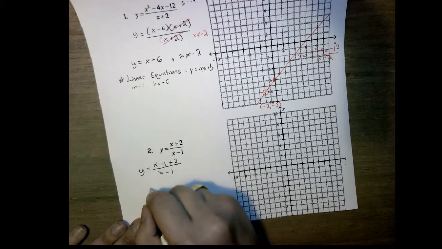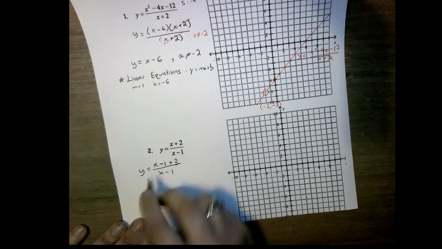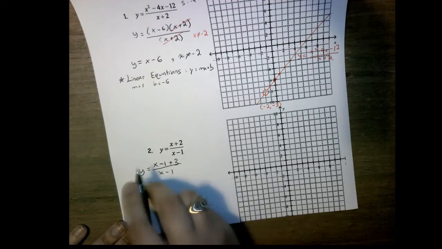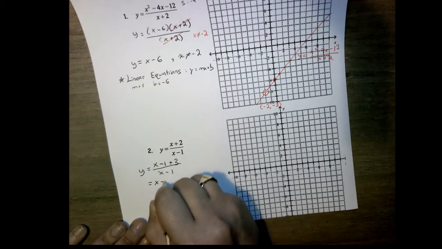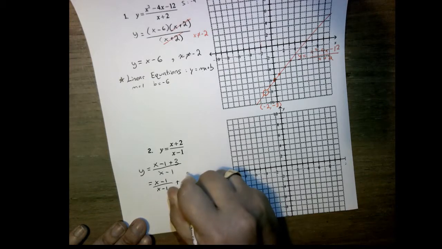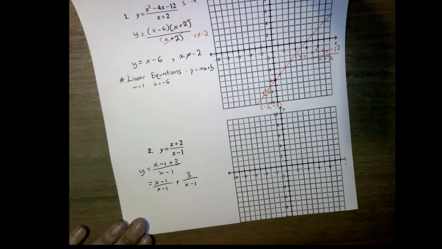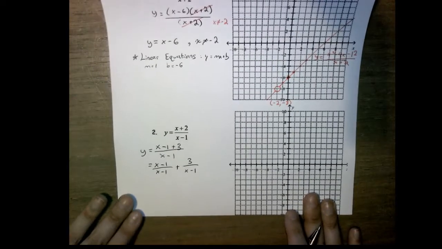So once I have that, I can expand this a bit. I can break my fraction into x minus 1 over x minus 1 plus 3 over x minus 1. Right?